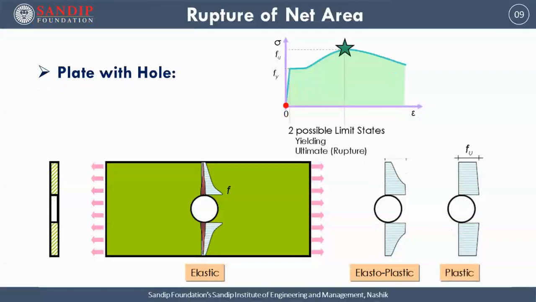Now the second one, rupture of net area. Net area means what? After deduction. Here a bolt hole is created, be it a bolt hole or a rivet hole, to occupy that particular bolt, so this discontinuity has to be created. In and around this discontinuous boundary, stress concentration takes place.